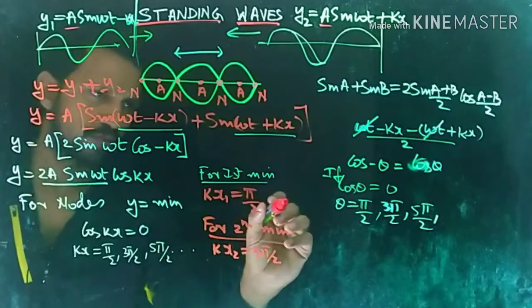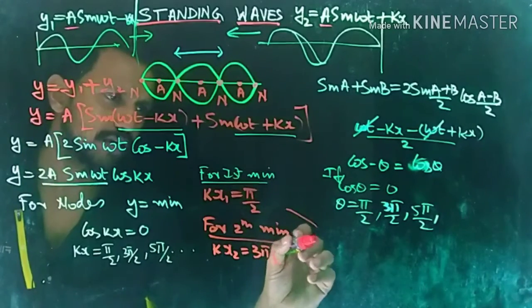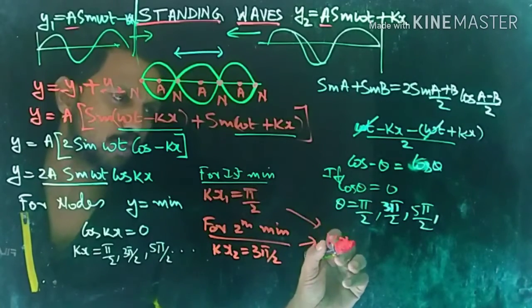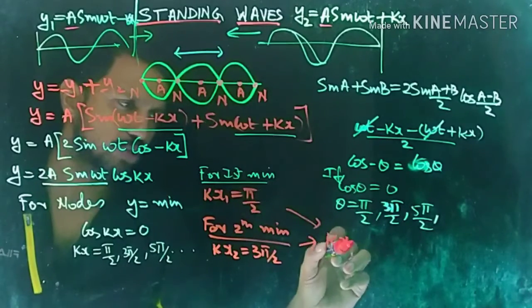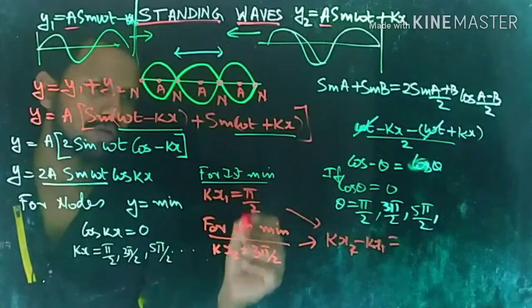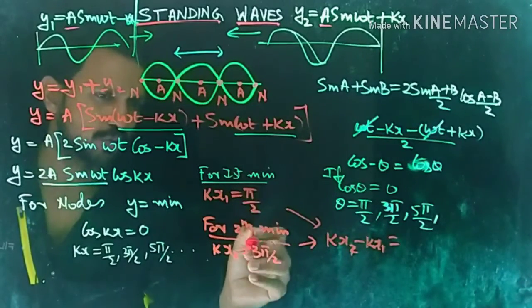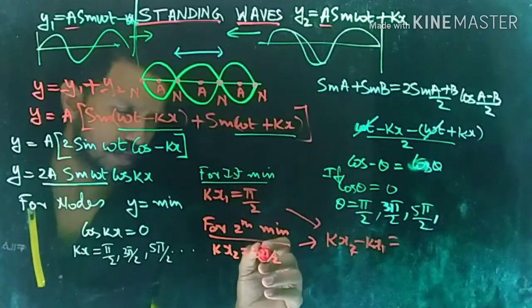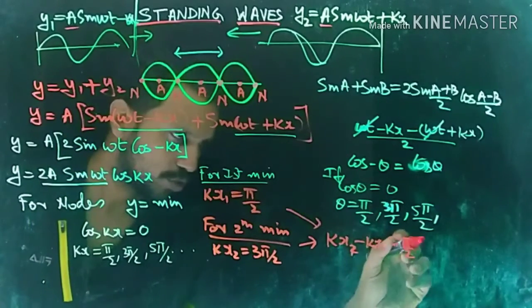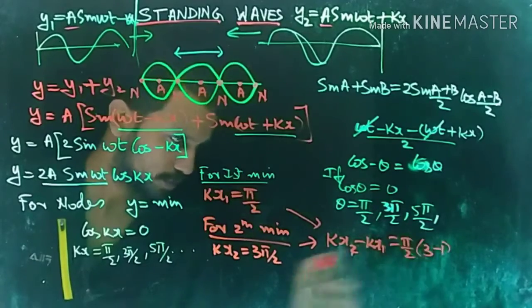Then, from these two equations, let me find the value of kx2 minus kx1. It should be 3 pi by 2 minus pi by 2, that is pi by 2 into 3 minus 1.